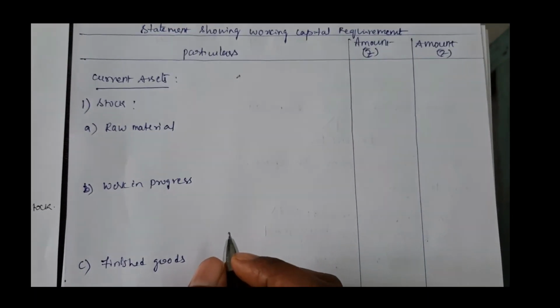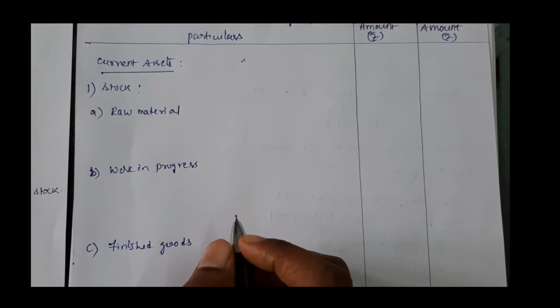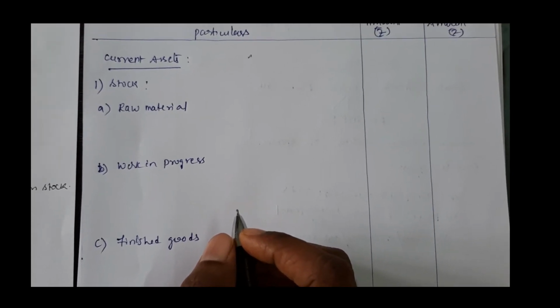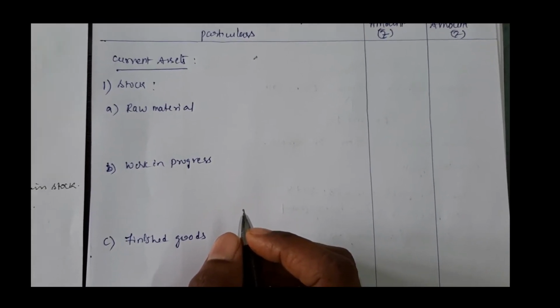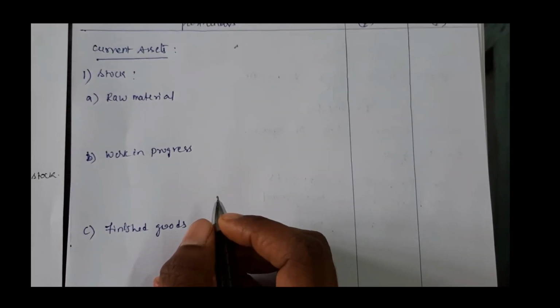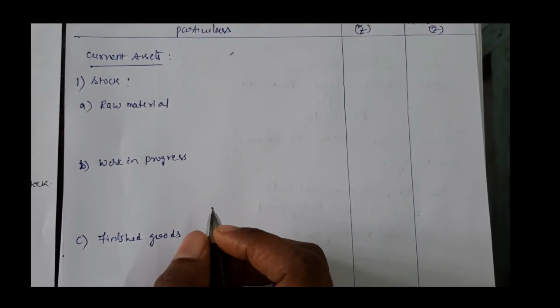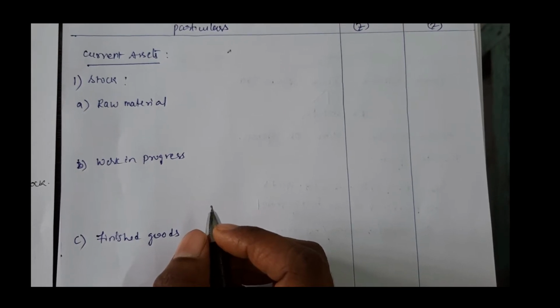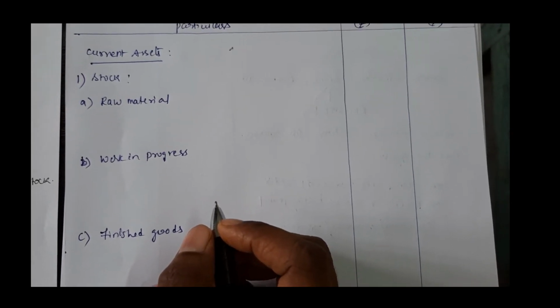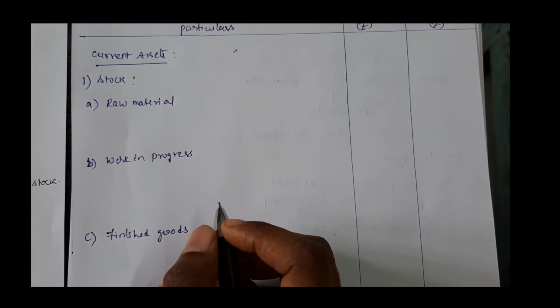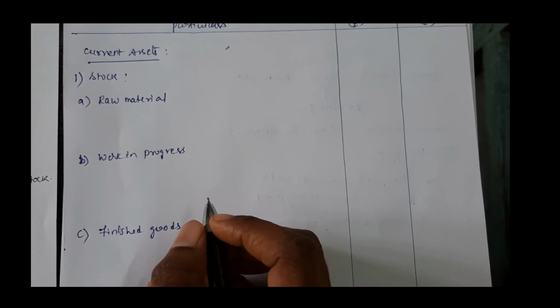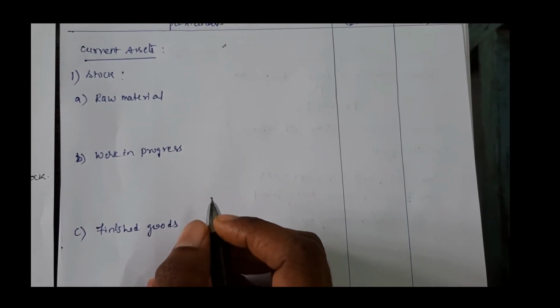We will estimate the value of raw material first. So it is going to be total number of units produced into cost per unit into average holding period divided by time taken for producing those products.